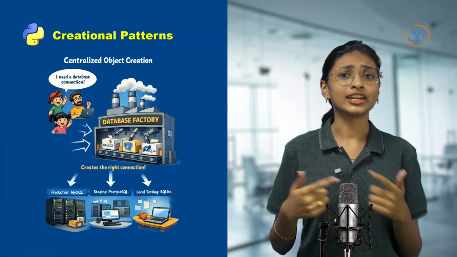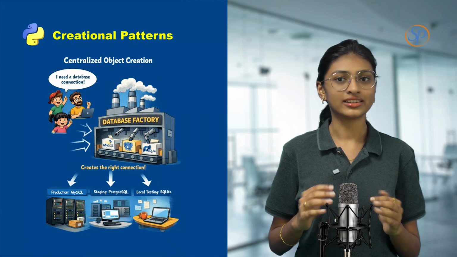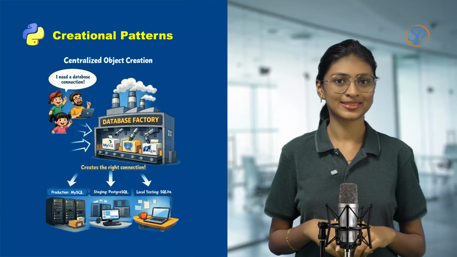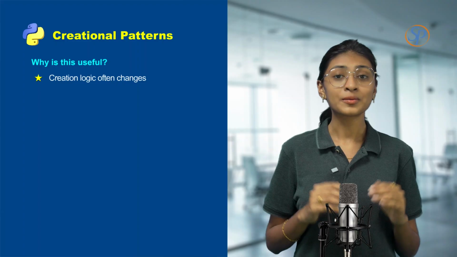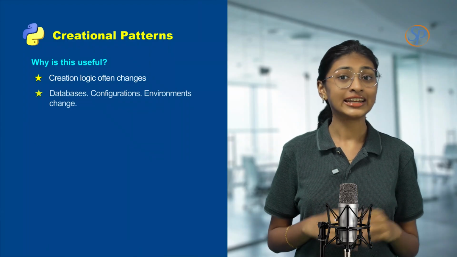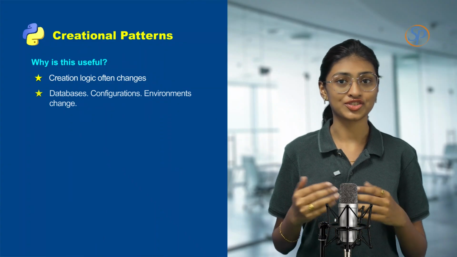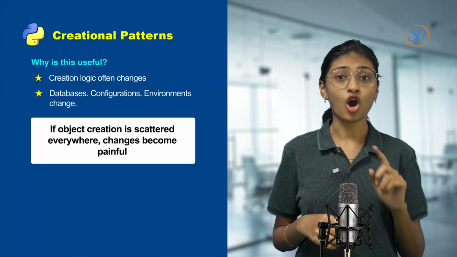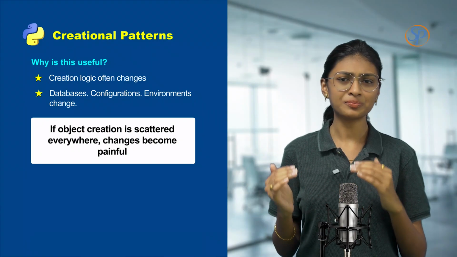Instead of creating objects directly in many places, we delegate creation to a single factory function or class. Why is this useful? Because creation logic often changes. Database change. Configurations change. Environments change. If object creation is scattered everywhere, changes become painful.